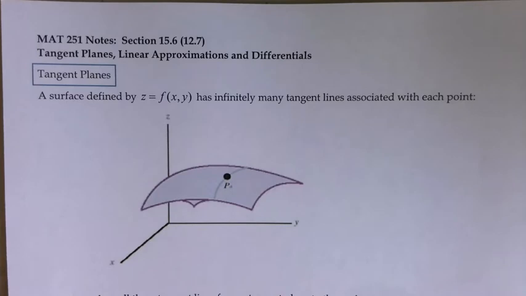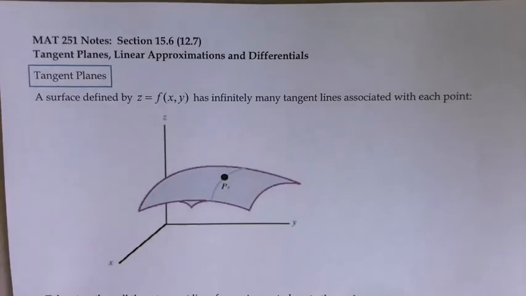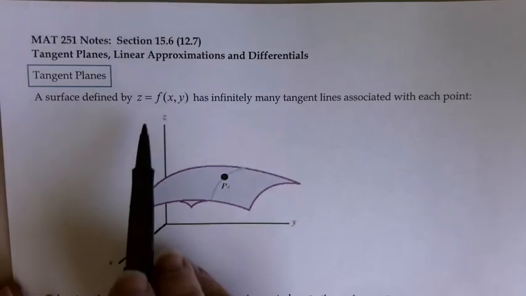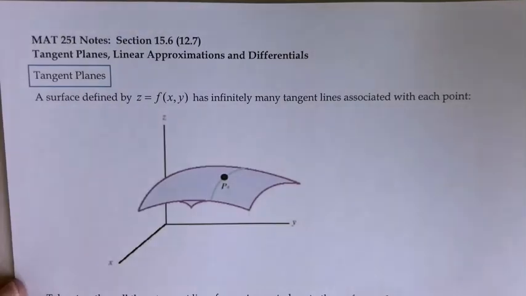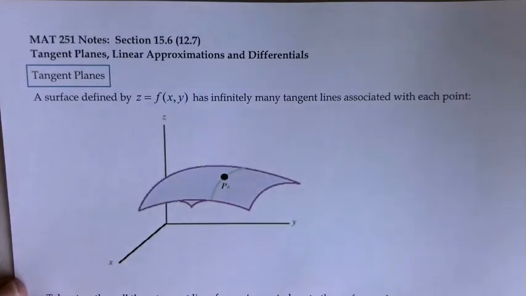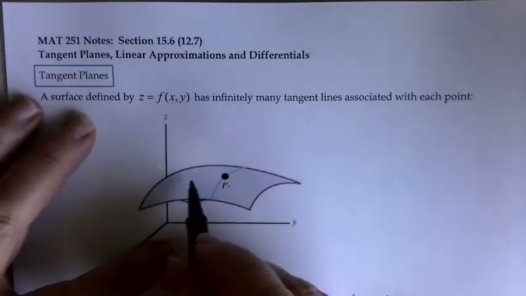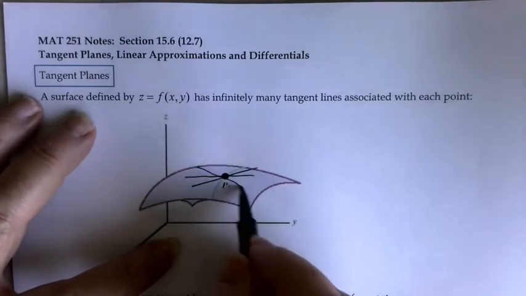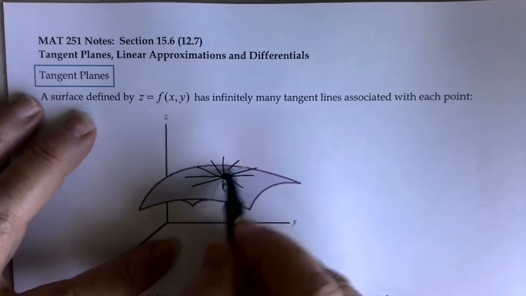So tangent planes. If we start thinking about our surface, z equals f of x and y, graph some sort of a surface here. Of course, if you think about a point P, there would be infinitely many tangent lines at that point, all kinds of different tangent lines.